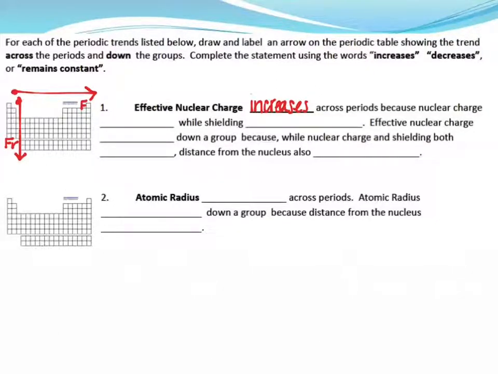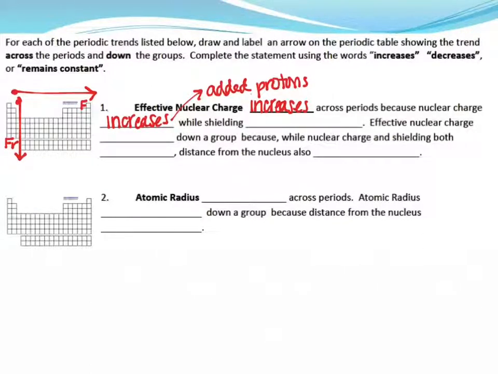Because nuclear charge is doing what? Increasing. Why is nuclear charge increasing? Because we have added protons. This is my why. These things I'm adding in there, those are my whys.